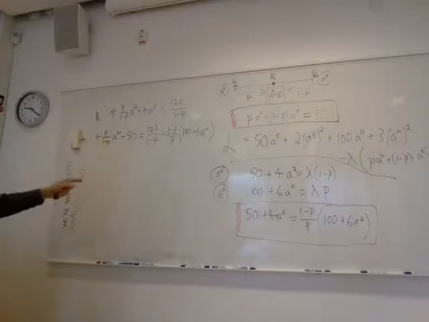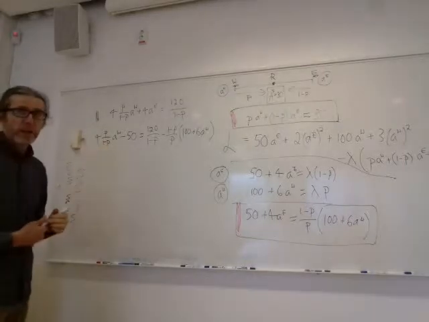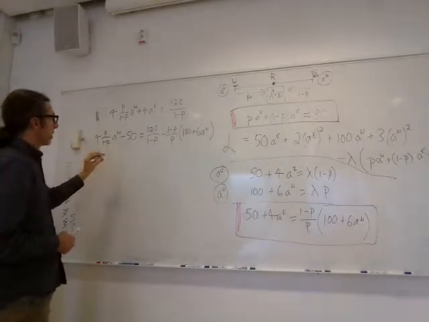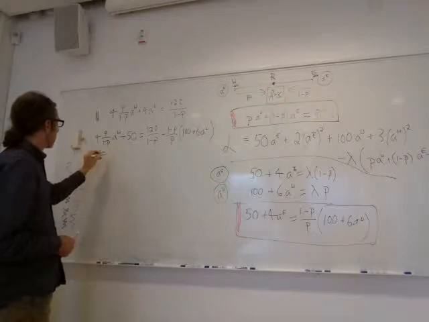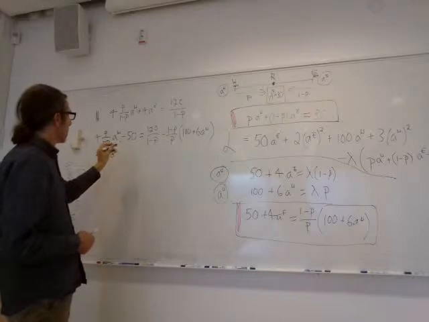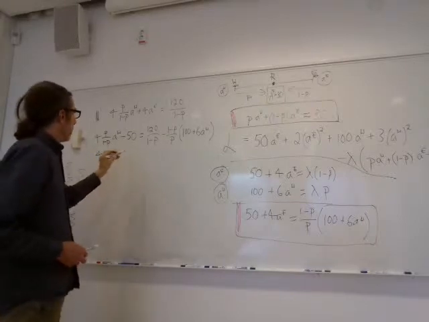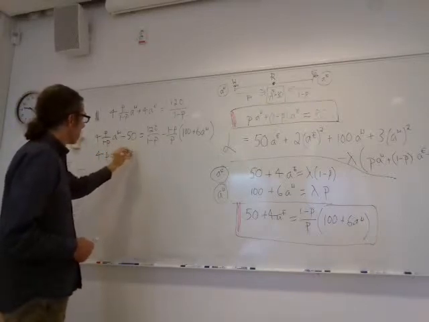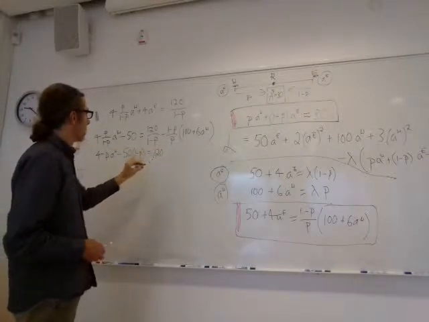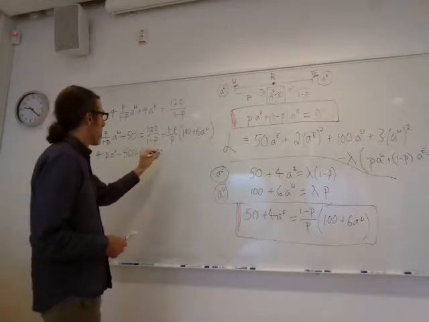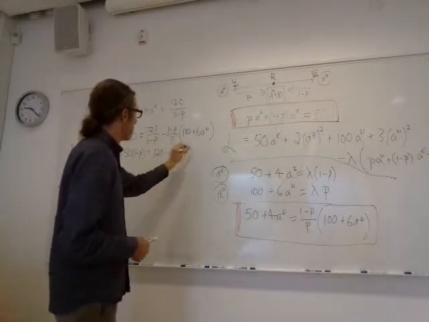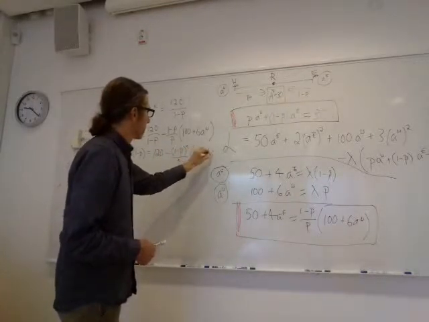How are we going to simplify this? We want to get rid of these 1 minus P's from the bottom line, I think, don't we? We can do that for starters. So we've got 4P AW minus 50 times 1 minus P equals 120 minus 1 minus P squared over P times 100 plus 6 AW.